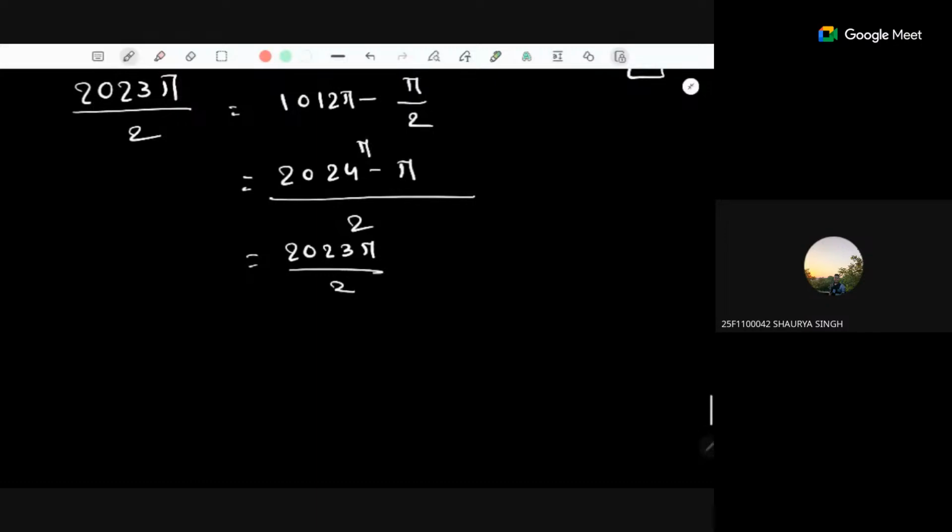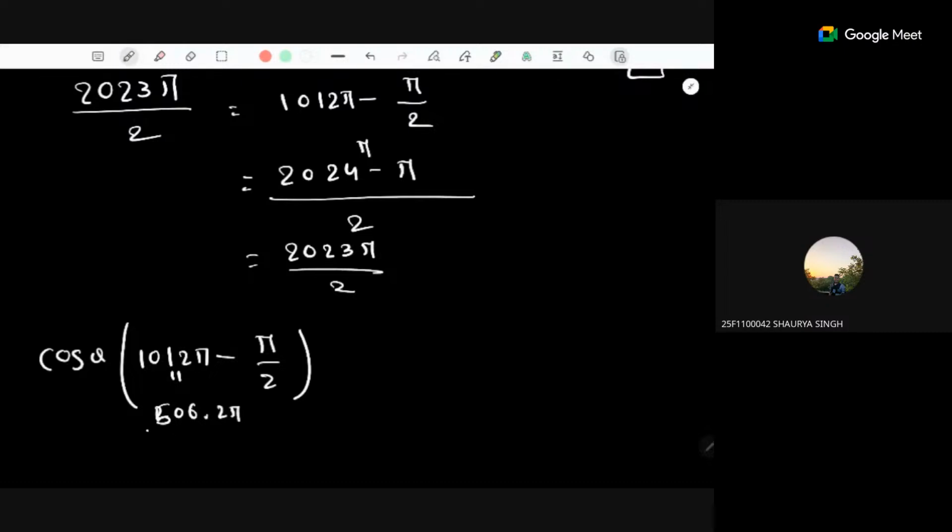Let's understand the value of cos theta for 1012 pi minus pi by 2. This number can be written as a multiple of 2 pi: if you divide it by 2, you get 506 into 2 pi.